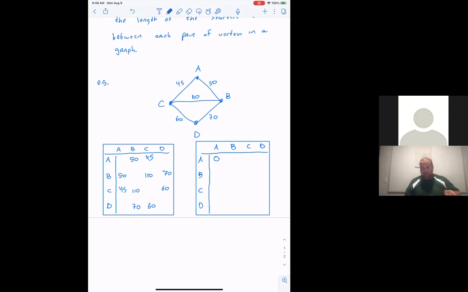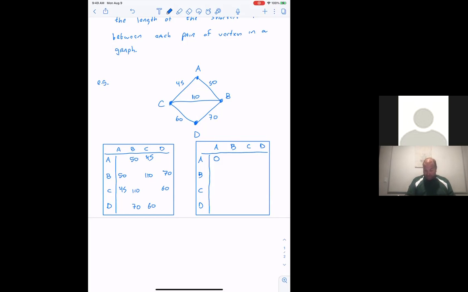Remember, this graph is not connections. There's no connection from A to A, like there wasn't before in the last table, where we left it blank. Here, the least weight from A to A is 0 because you don't have to move. If you think of a Markov chain as a sequence of states, you can stay in the same state and not make any movement. So the distance from A to A would be 0.